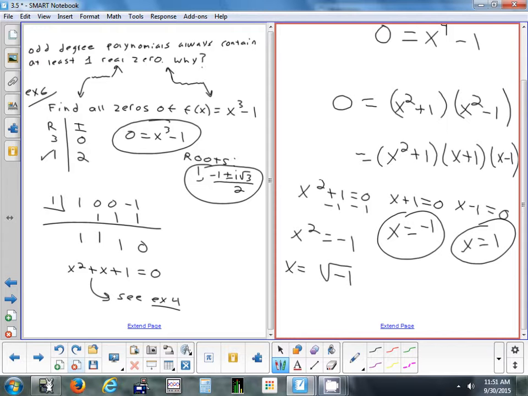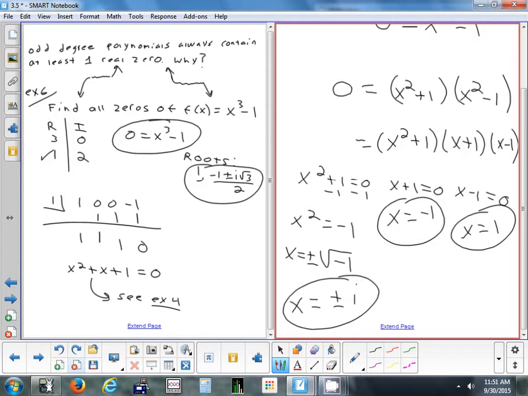How many answers should I get here? 2. So what do I need to put? Plus or minus, anytime you take the square root. Okay. And what is the square root of negative 1? i. So there's your 4 answers. Plus i, minus i, plus 1, minus 1.